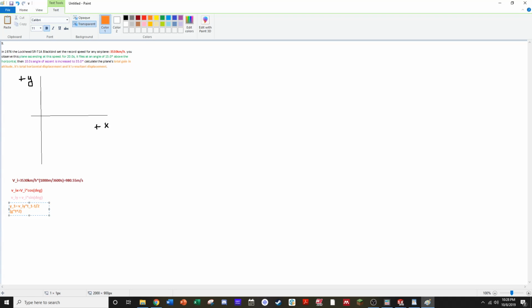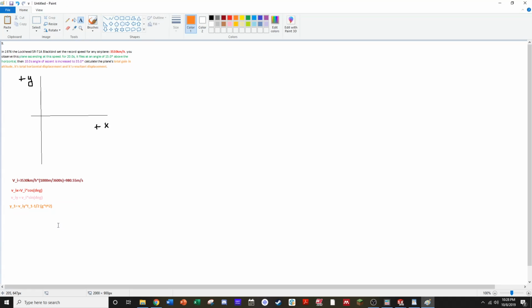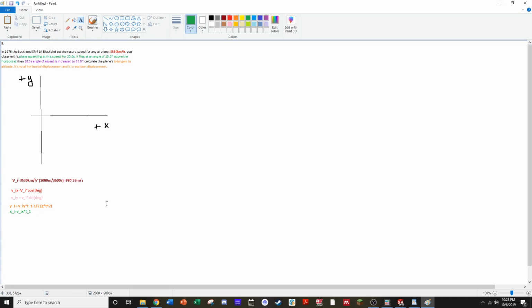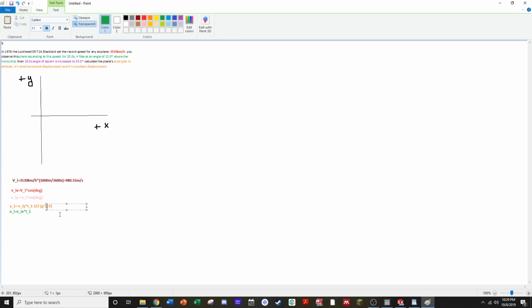Okay, now g is our gravitational constant, so that does not change. You'll normally be given those in an exam, or you'll put that on your formula sheet. Make sure you have that value. It is very, very important, and I would suggest just memorizing it. So our x direction, x sub i, is v sub i in the x times t sub 1.